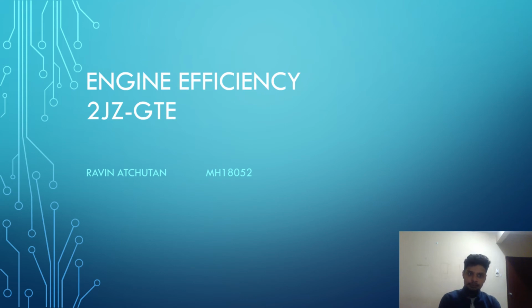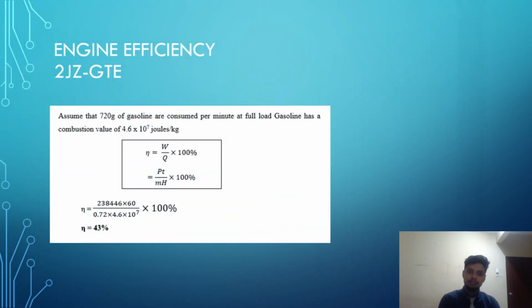As for the engine efficiency, by assuming that 720 grams of gasoline are consumed per minute at full load, gasoline has a combustion value of 4.6 times 10 to the power of 7 joules per kilogram.